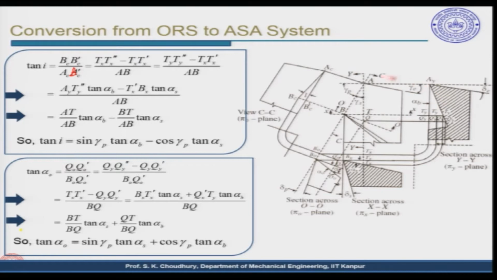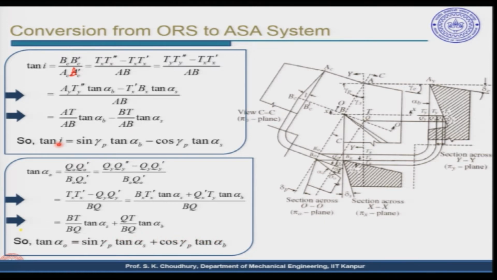They are correlated through simple geometry, which has been shown here. So you can easily convert from the ORS system to the ASA system, and from the ASA system to the ORS system, in this way.